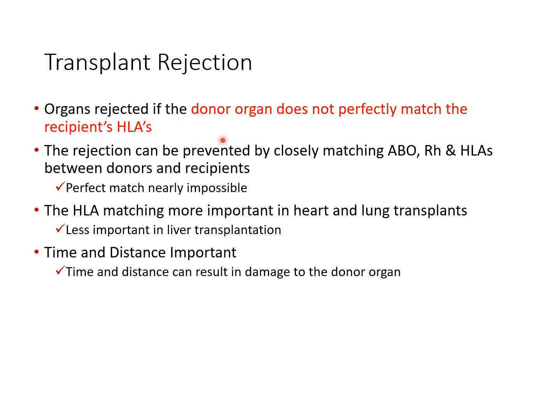So somebody maybe didn't do the testing properly, and didn't do all the checking that they should have done. So this can be prevented. This type of rejection can be prevented by closely matching the ABO, Rh, and HLAs between donors and recipients. So this is completely preventable, right?